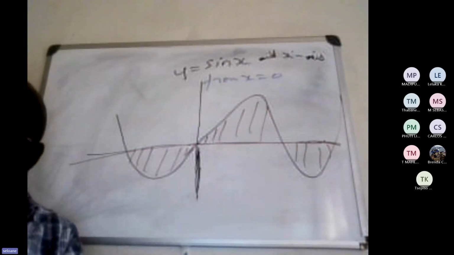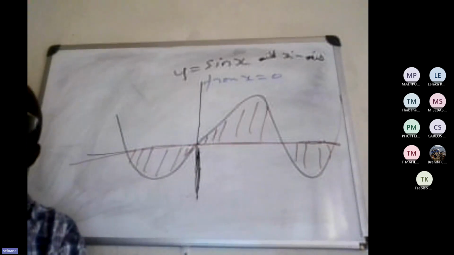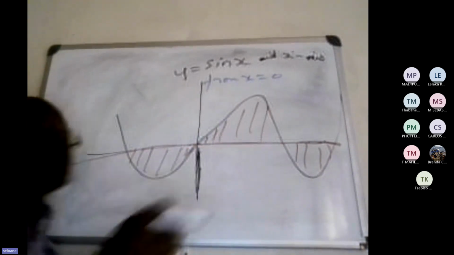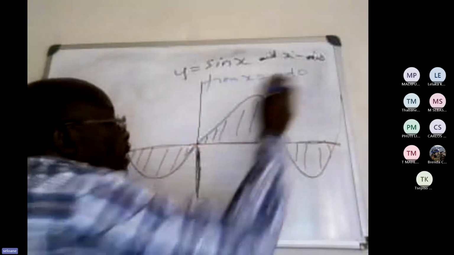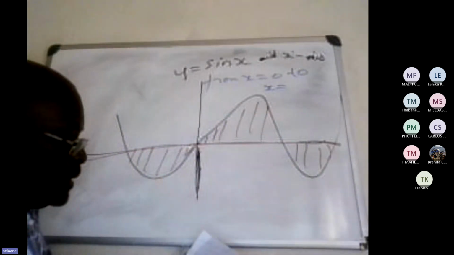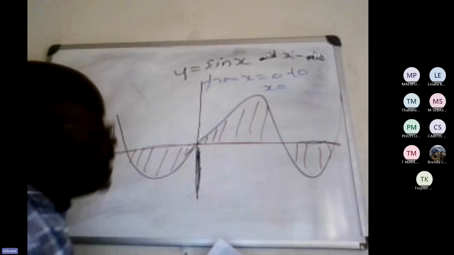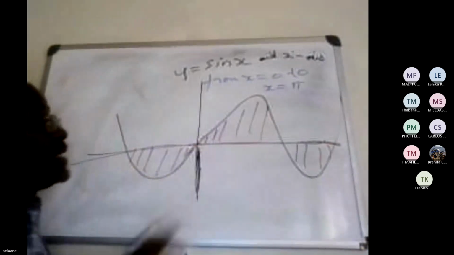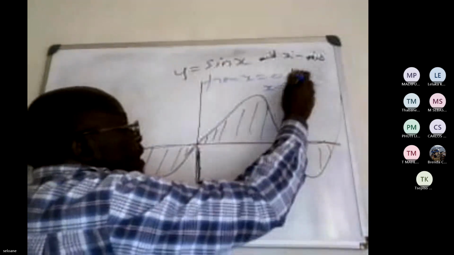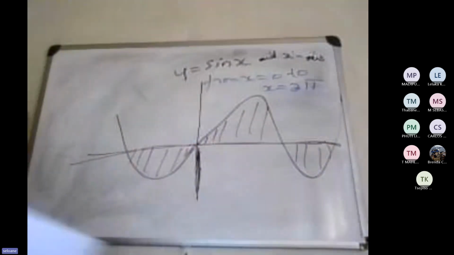Therefore, you must be careful. If you are using a calculator, make sure that your calculator is in radians, not in degrees. From x equal to 0 to, say, x equal to pi. Let's say 2 pi. Good.